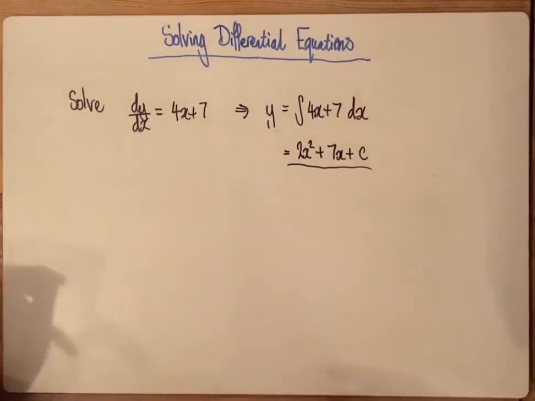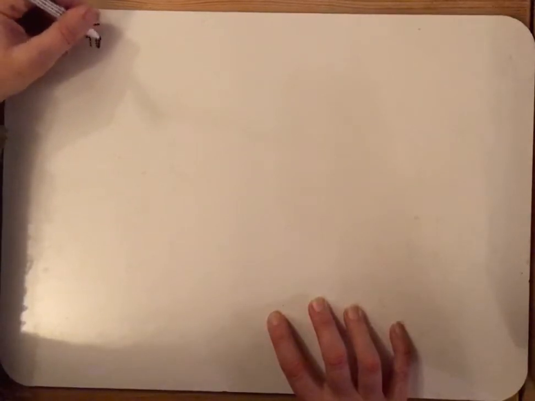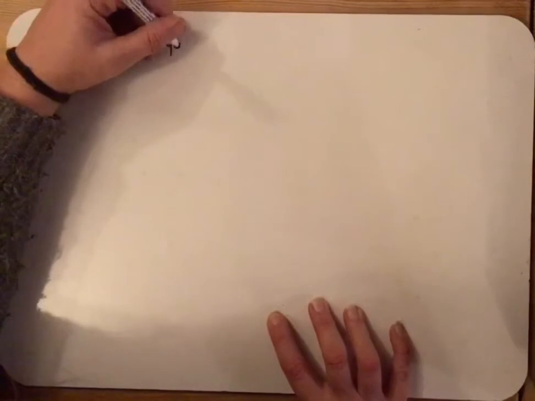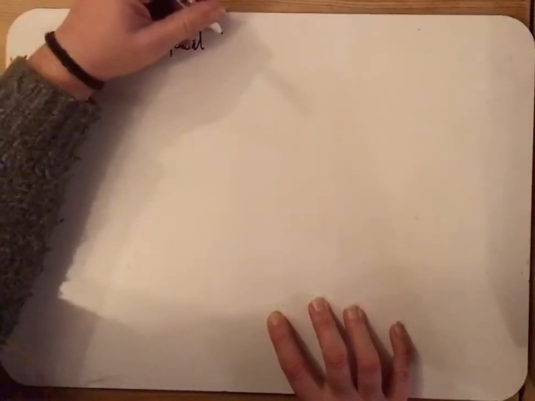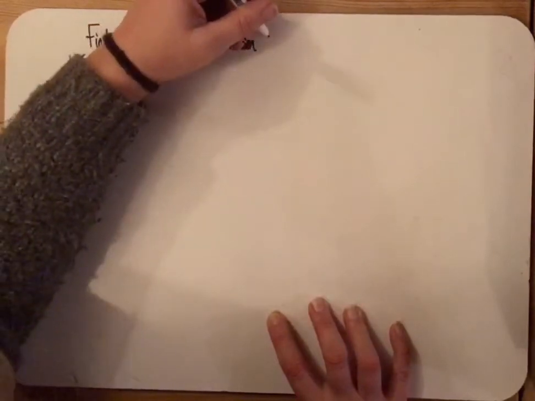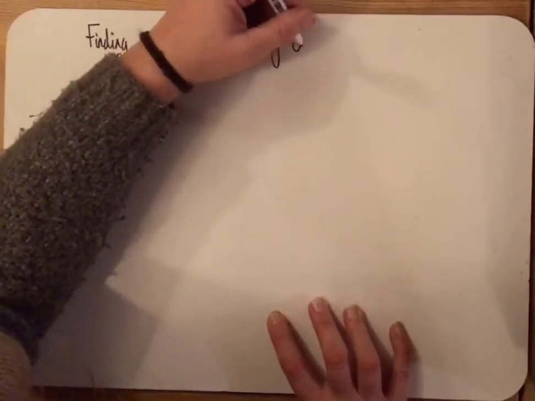Moving on a step from there, the ones you're more likely to have to do involve separating the variables. So we can look at finding a general solution by separating the variables.